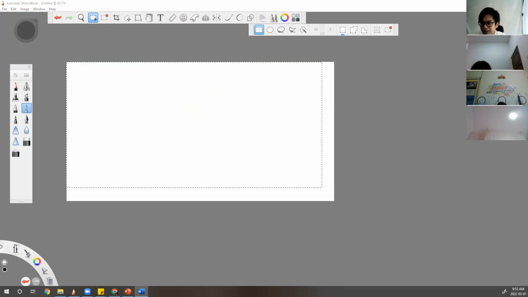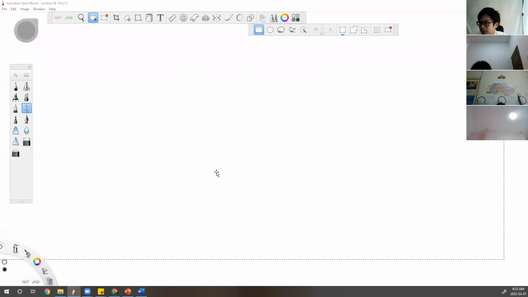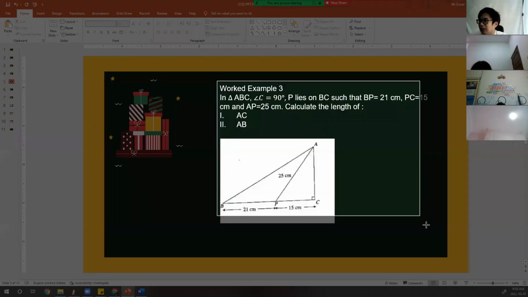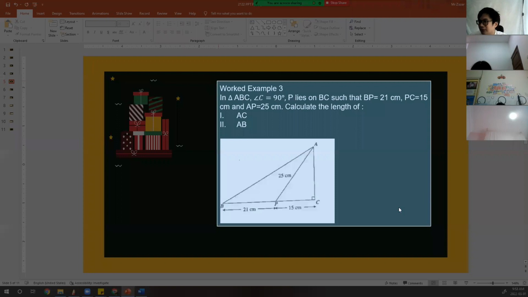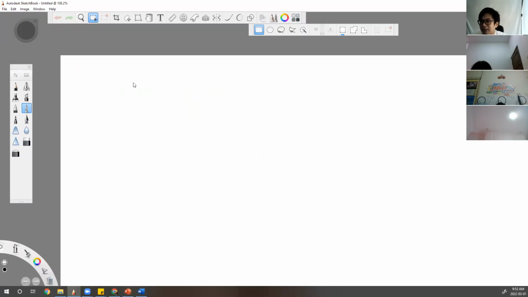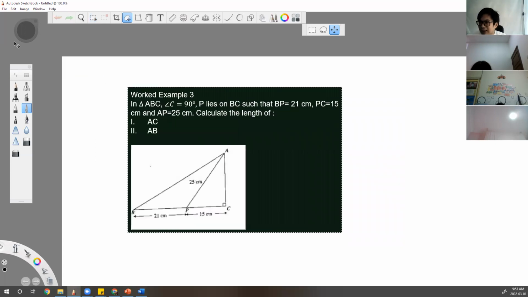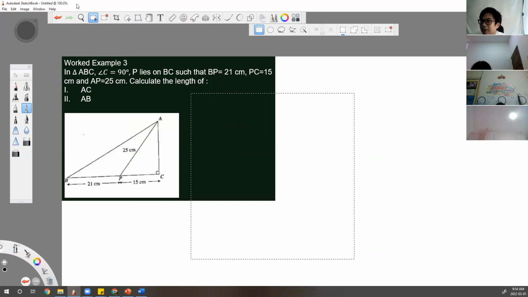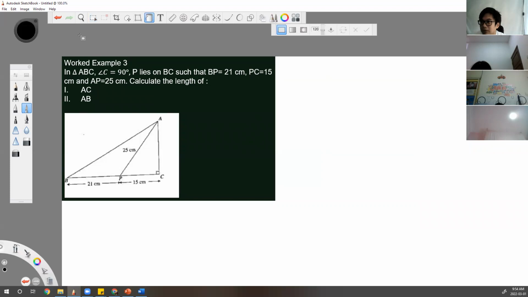Practice now 3, our work example 3. In triangle ABC, we have 2 triangles right now, but we have to make sure that the triangle is a 90 degree or right angle triangle.